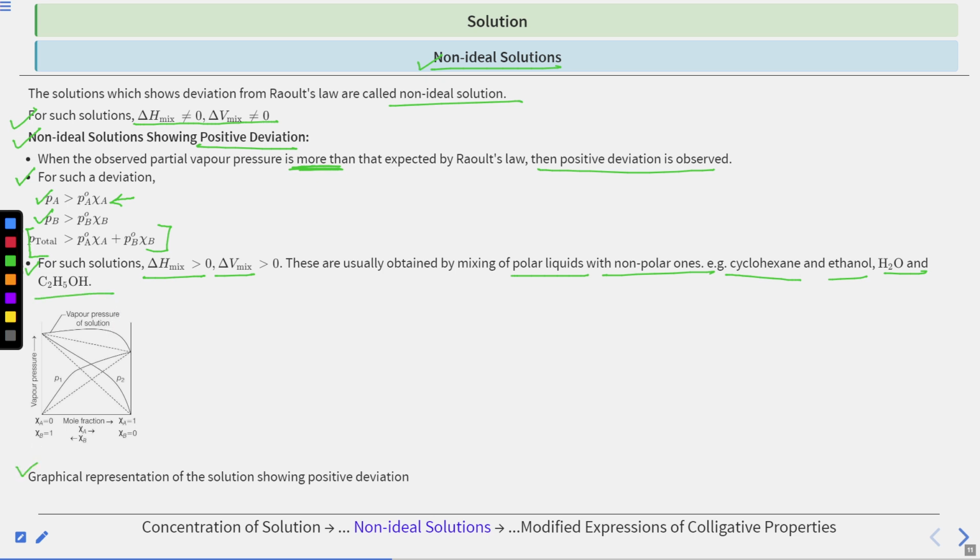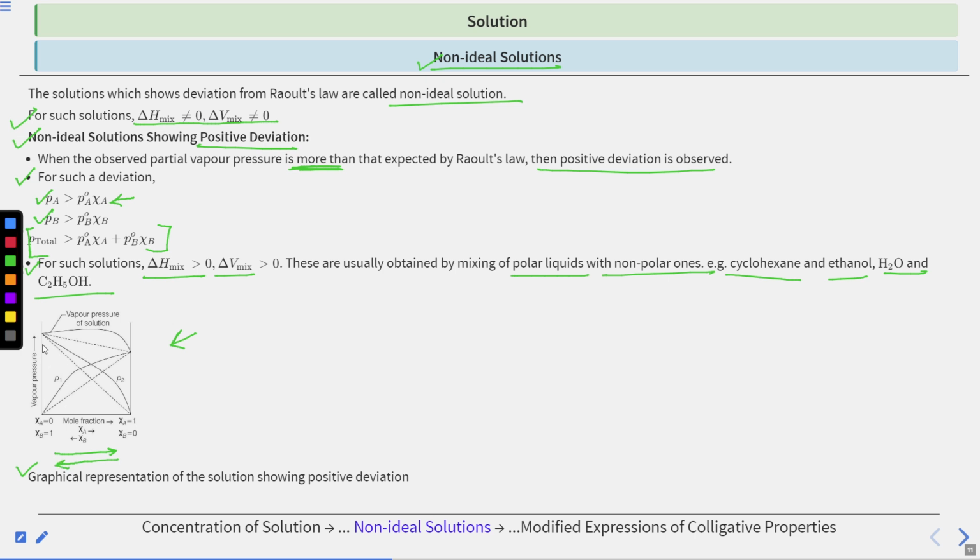This is a graphical representation of a solution showing positive deviation. If a solution shows positive deviation, this graph will be observed. As before, the vertical axis is vapor pressure and the horizontal axis is mole fraction; for one component the mole fraction is increasing in this direction, and for the other component it is decreasing in this direction.